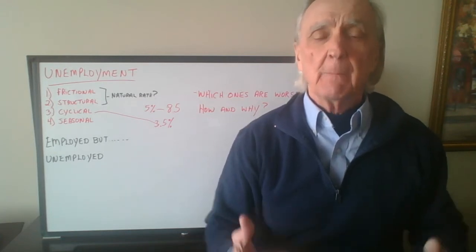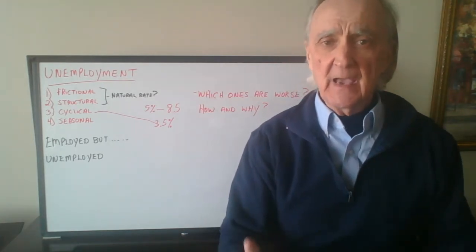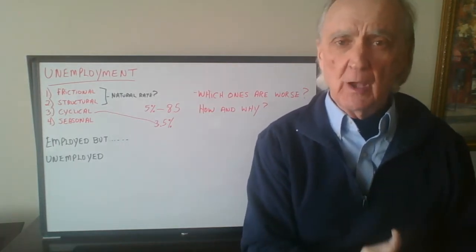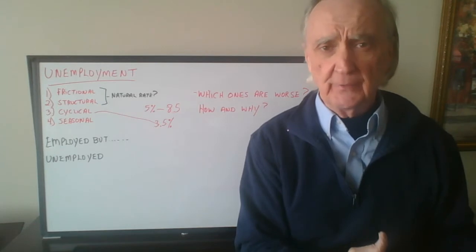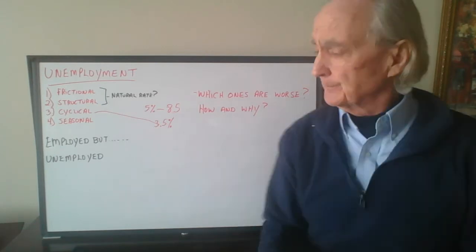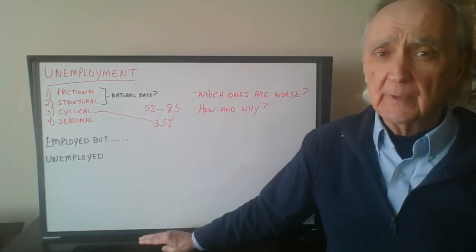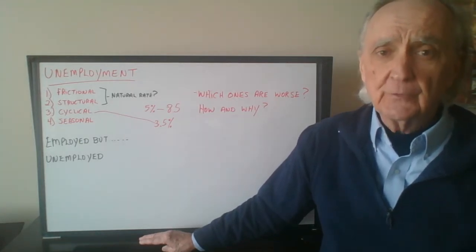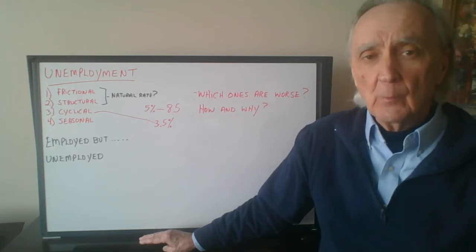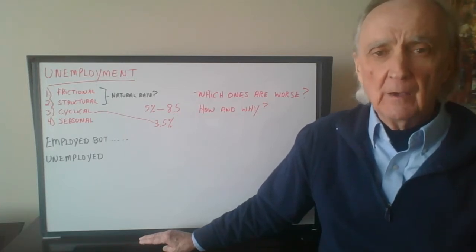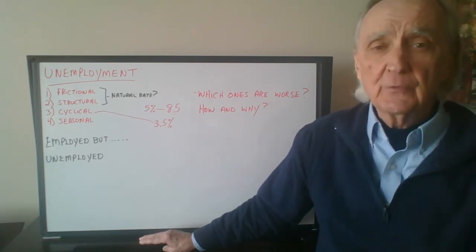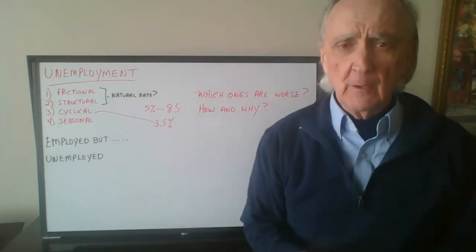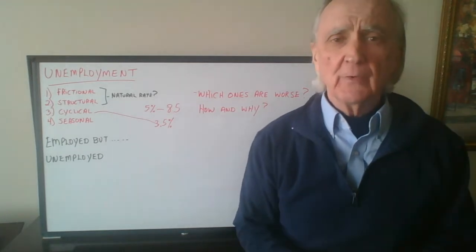Structural means that something happened in the economy that has changed the actual structure of a type of business or industry, okay? Now, that can, and normally is, much longer than just frictional unemployment. We always have frictional and we always have structural unemployment with us because, as we talked about, economies are always evolving, okay?